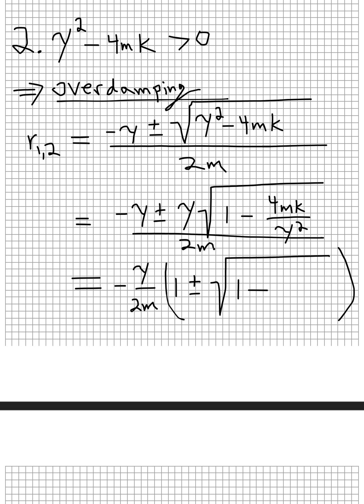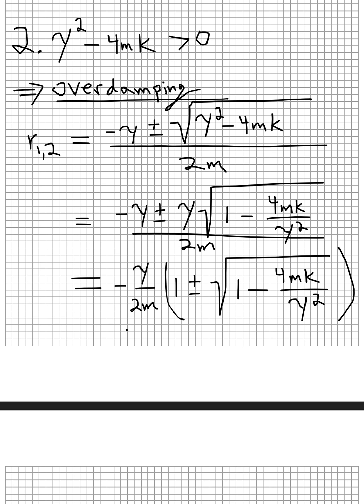My apologies. Now that makes a lot more sense. So 1 minus 4 m times k, all divided by gamma squared.